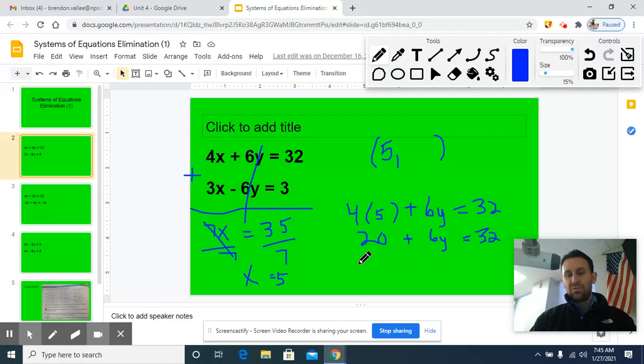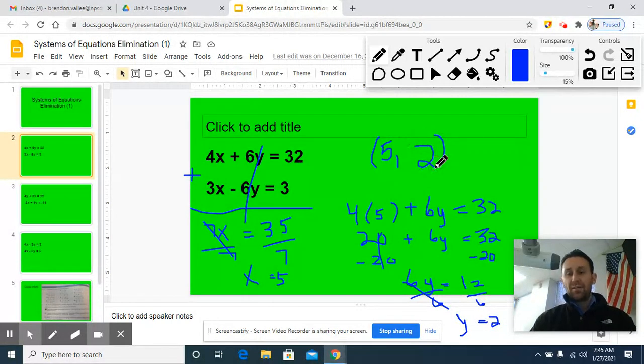And just simple solving equations, right? Subtract 20 from both sides. 6y equals 12. Divide by 6. And y equals 2.